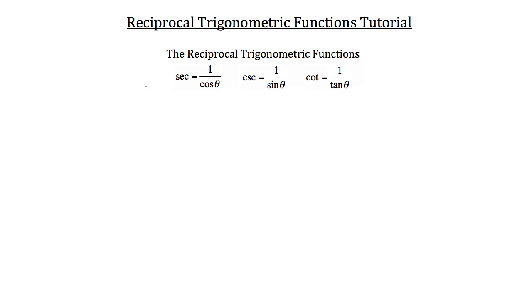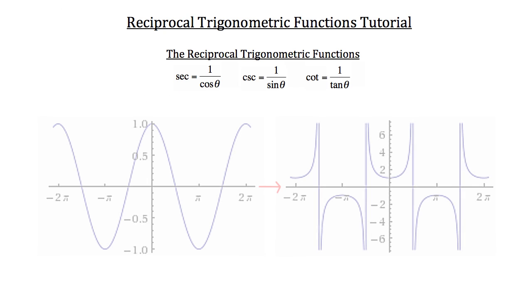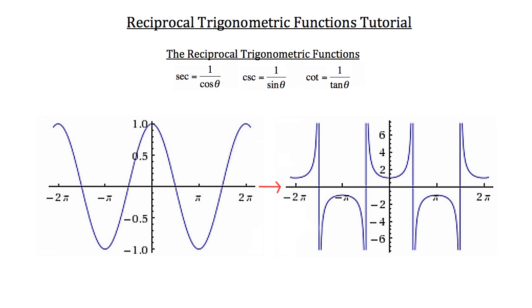Now let's take a look at how the graphs behave for each of these reciprocal trigonometric functions. We'll begin with secant. Secant is derived from 1 over cosine. On the left here, I've prepared your standard graph of cosine. This is the graph of cosine theta, the parent function, so y is equal to cosine theta.